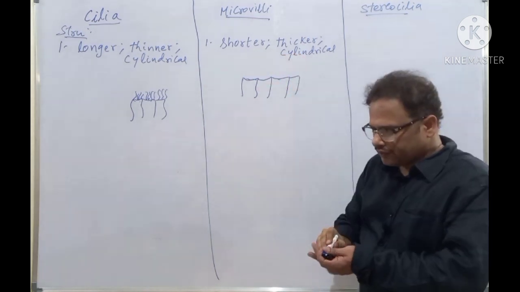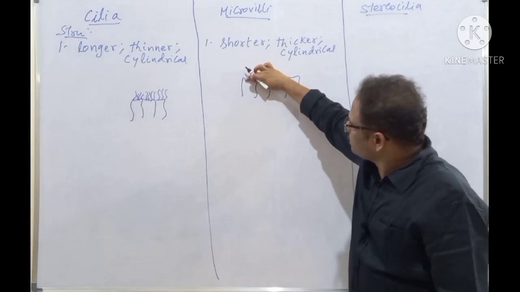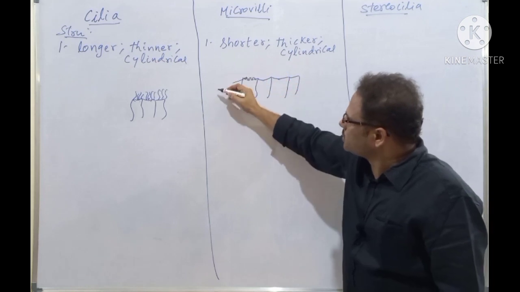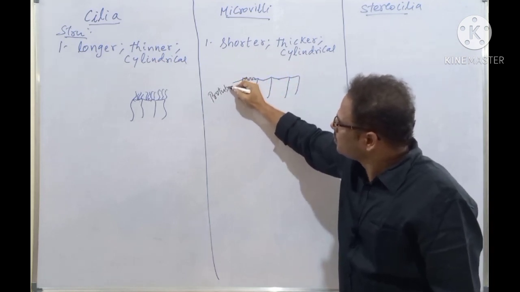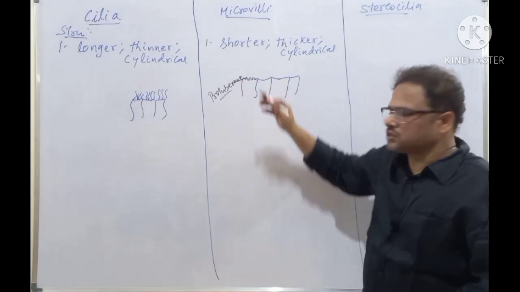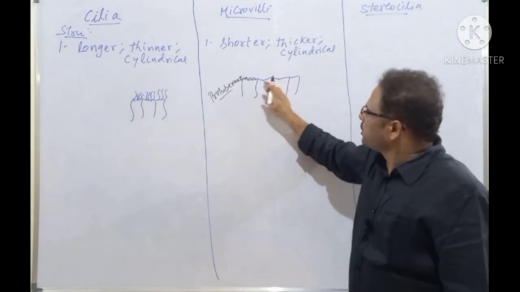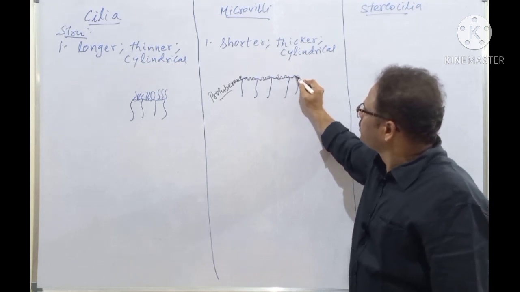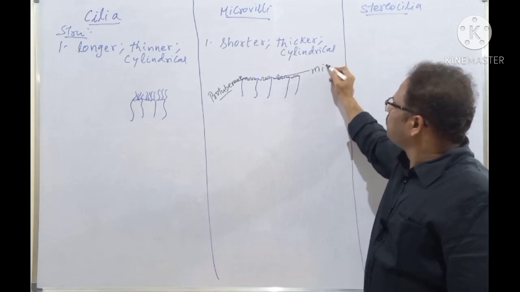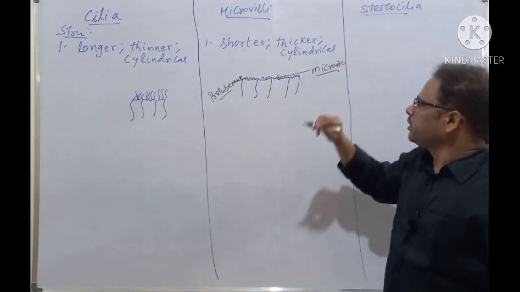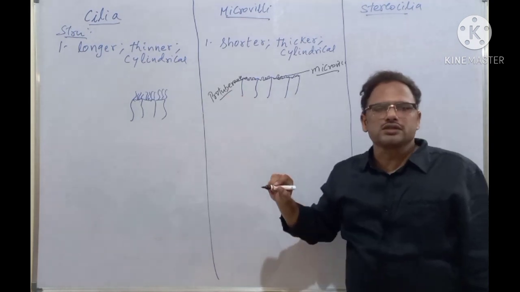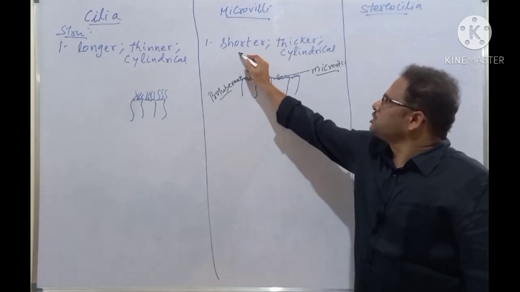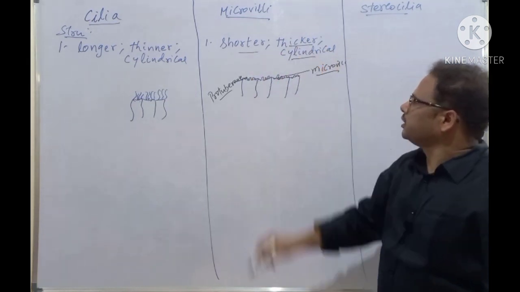This plasma membrane somewhat extends like this, and there is a swelling. This is called a protuberance, which means a swollen structure. As a result, this forms the microvilli. Microvilli are the protuberances or extensions of the plasma membrane of the epithelial cells, and these are shorter, thicker and cylindrical in shape.